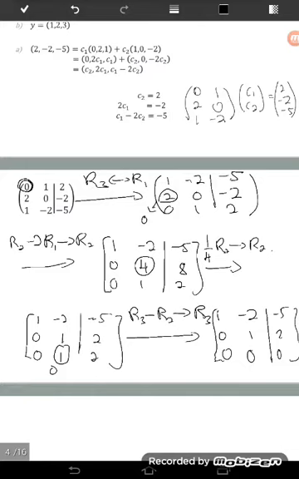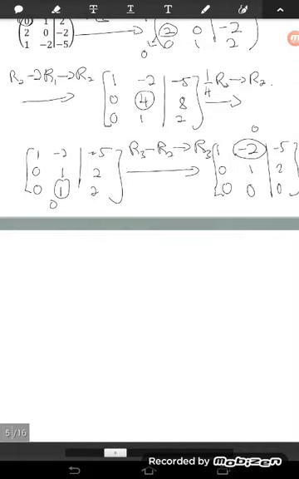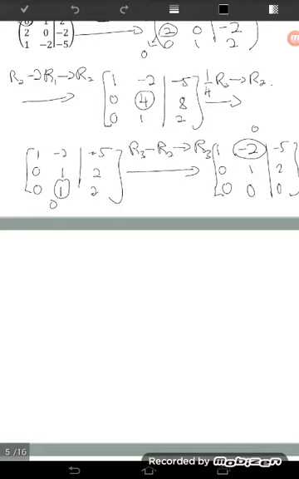Okay, and then next, make this one become 0. Okay, so to make this one become 0, I use row number 1 plus 2 row number 2 and put back at row number 1.